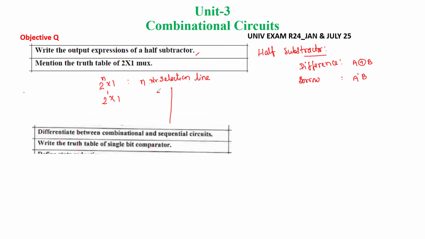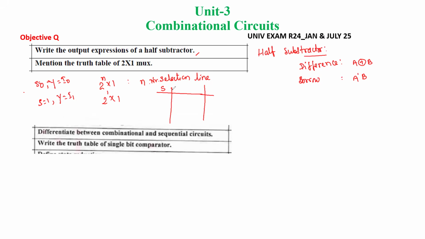When S is 0, the output will be I0, where I0 is one of the inputs. When S is 1, the output will be the other input, I1.